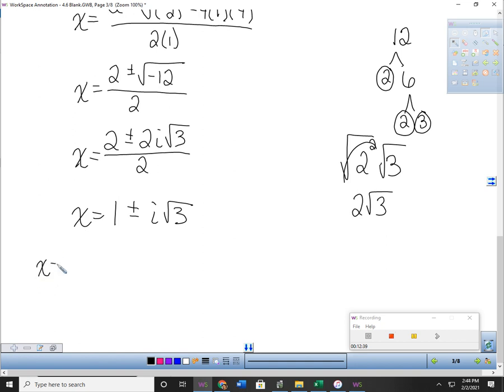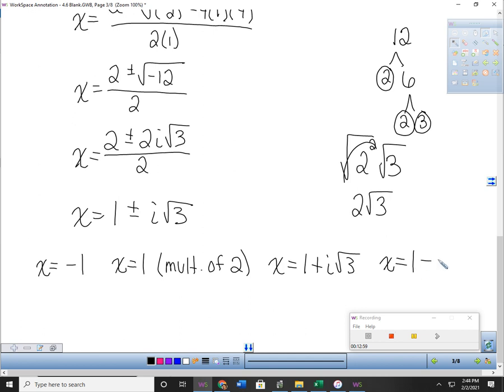So I have x equals negative 1, x equals 1 with a multiplicity of 2. And then you have x equals 1 plus I square roots of 3, and x equals 1 minus I square roots of 3. And that gives you 5 answers.